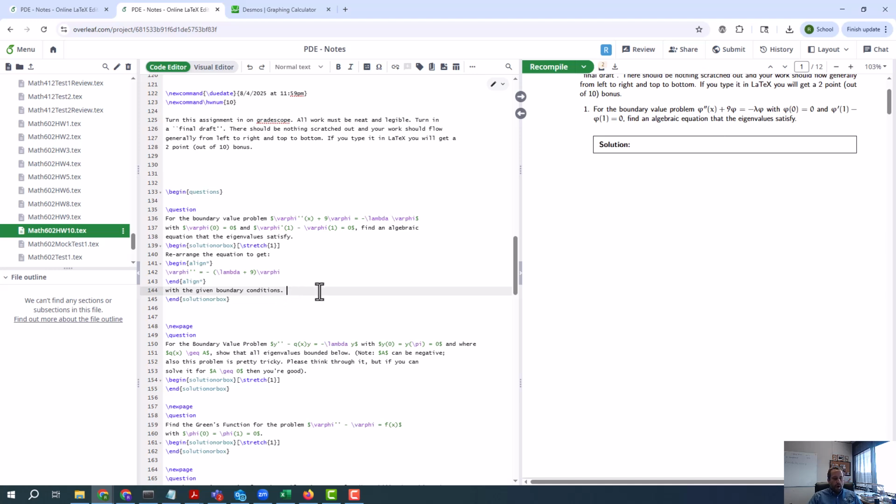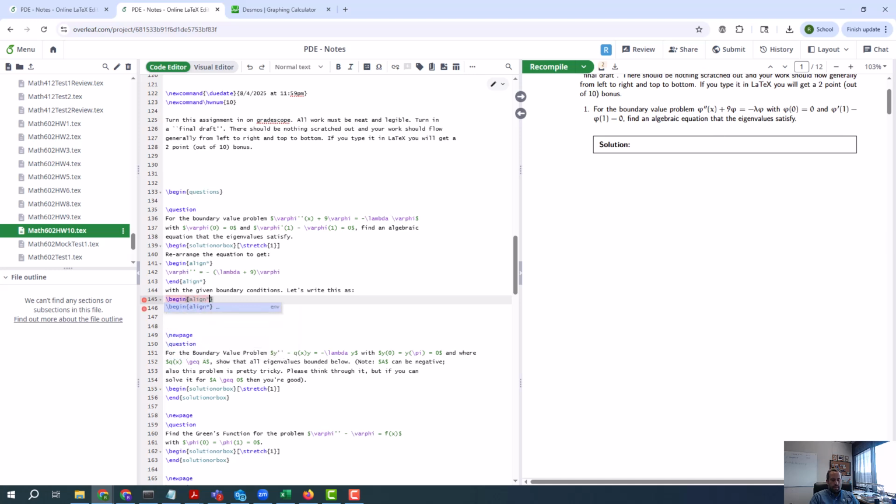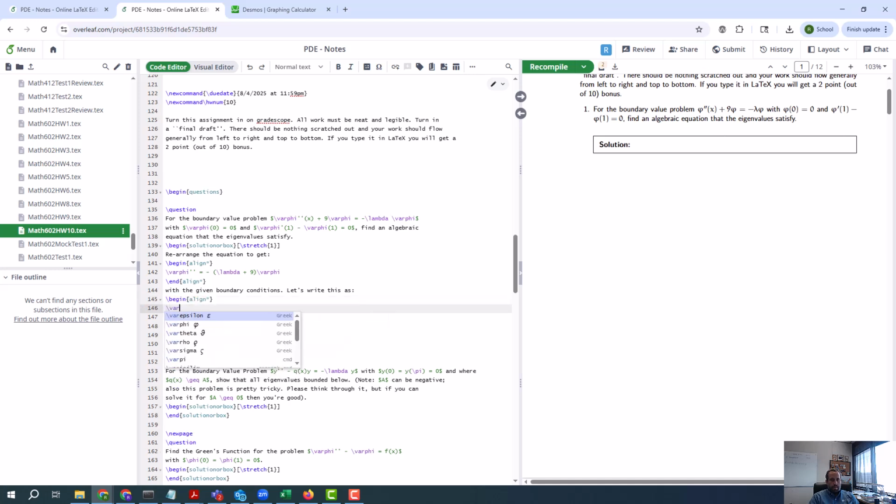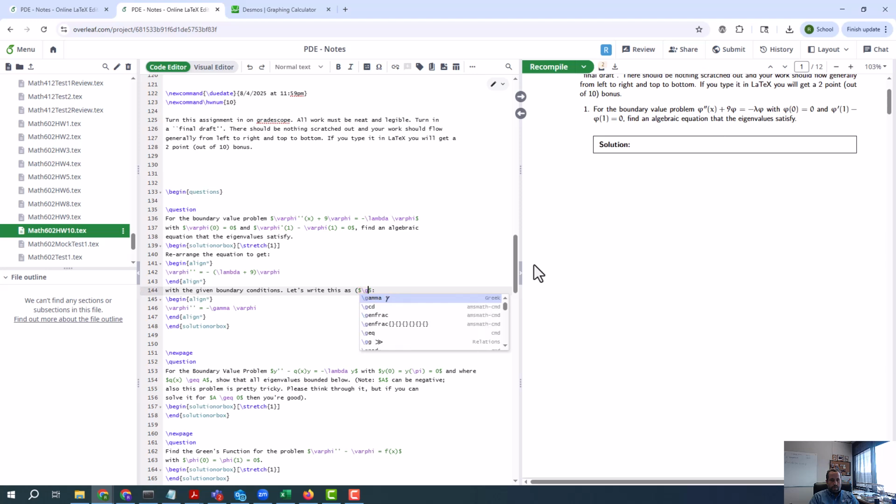Okay, so it's important what lambda plus 9 is. I'm going to call that gamma. So gamma equals lambda plus 9.